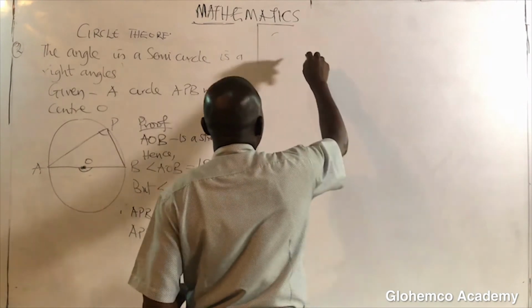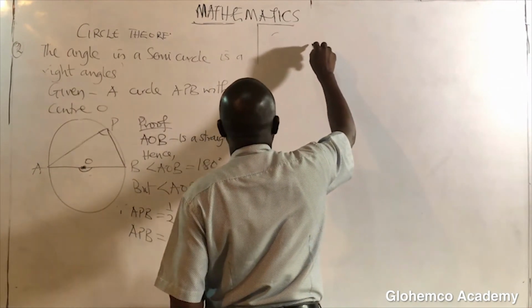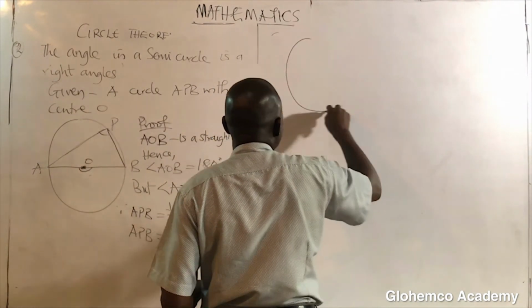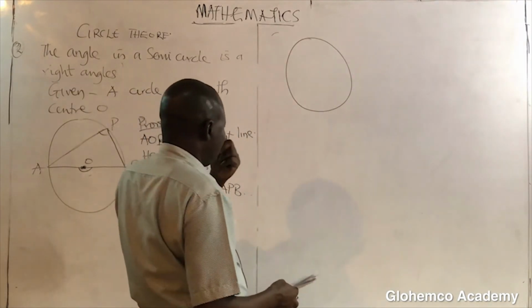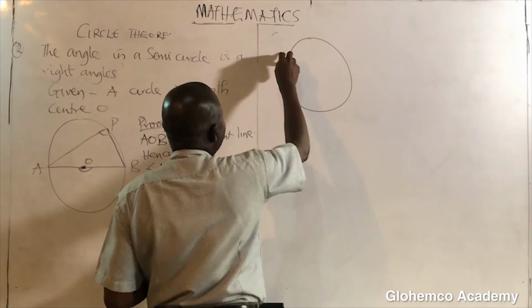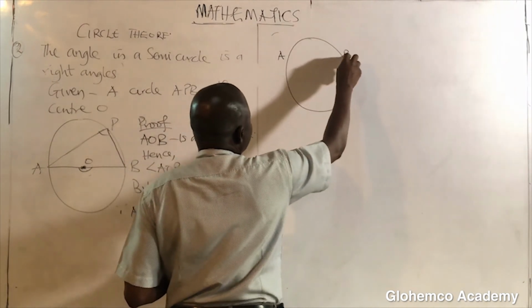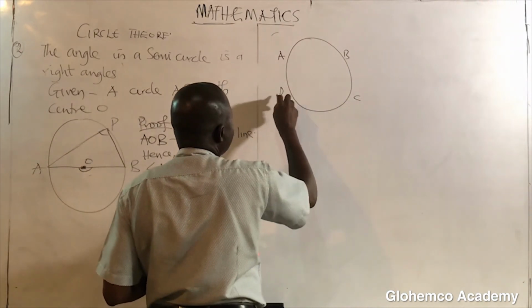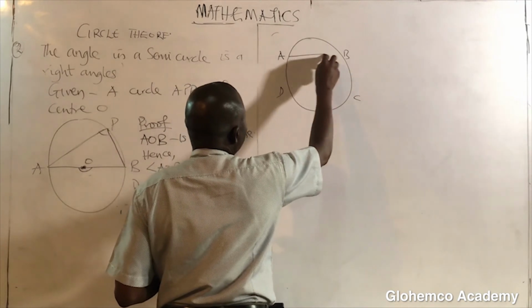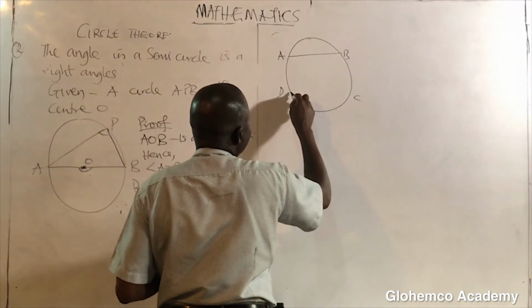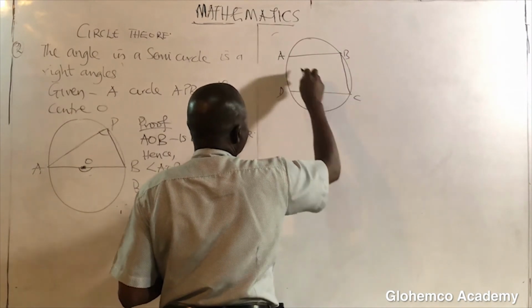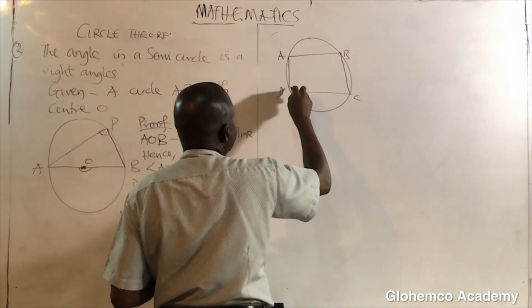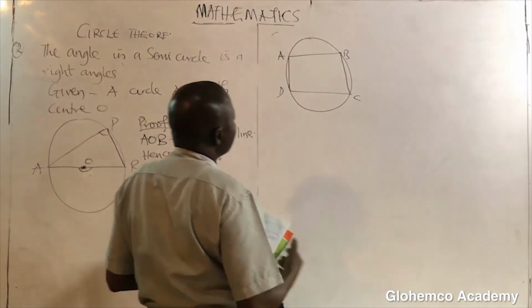We still have another one called cyclic quadrilateral. We have cyclic quadrilateral A, B, C, D. This one joins here, this one joins here, this one joins here, this one joins here.